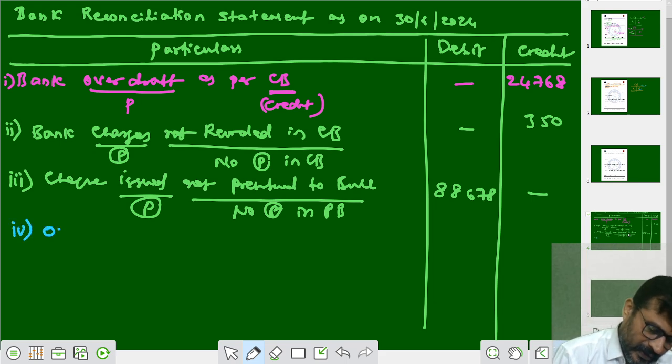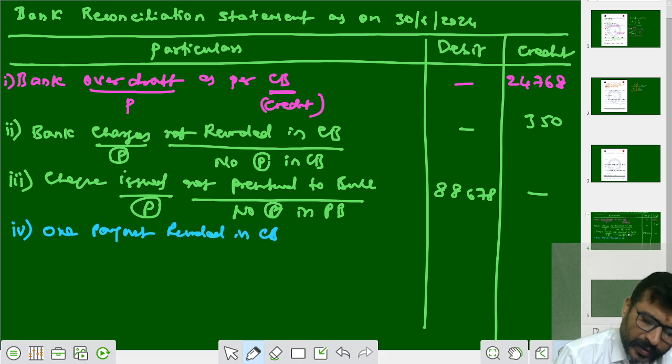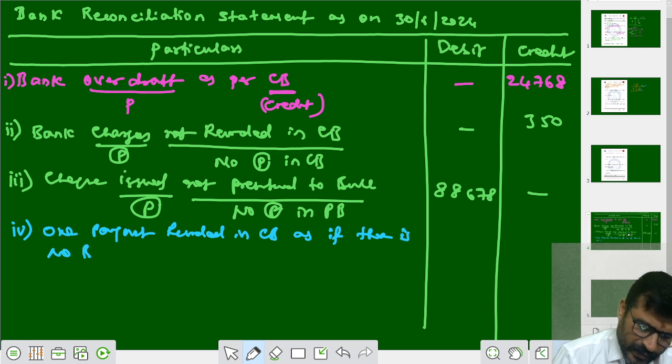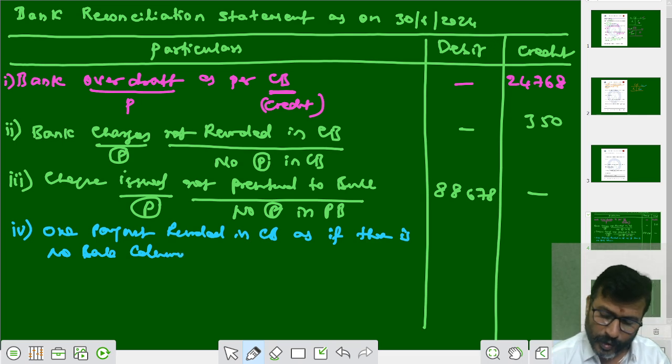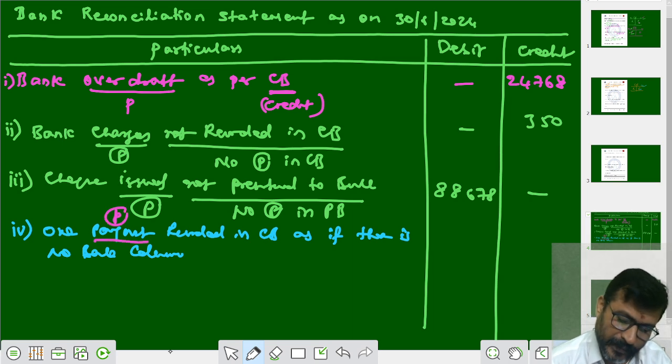That is, one payment recorded in the cash book as if there is no bank column. What do you mean by that? Payment means payment only.